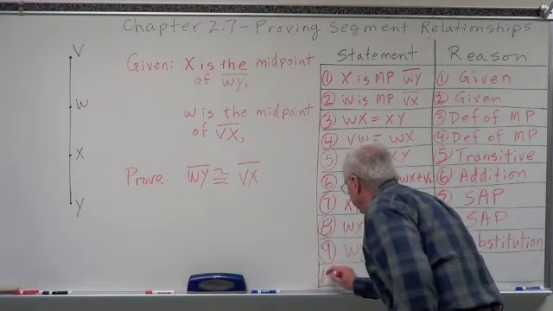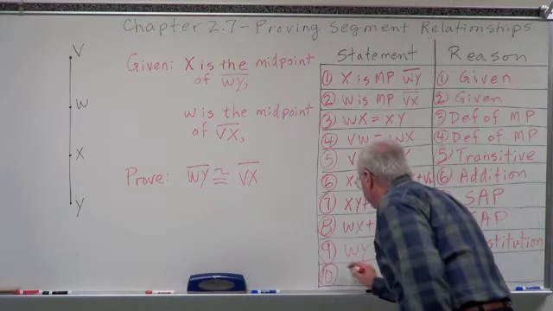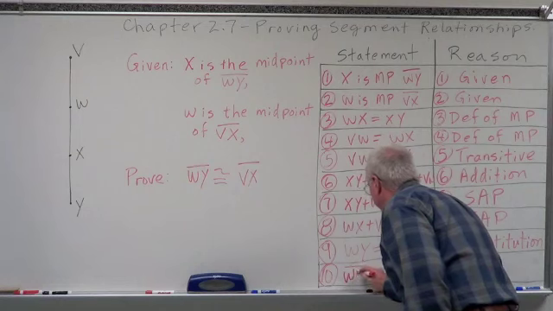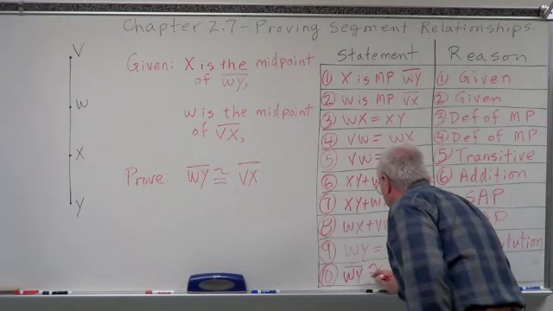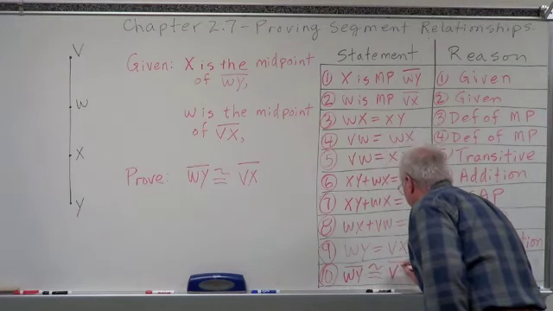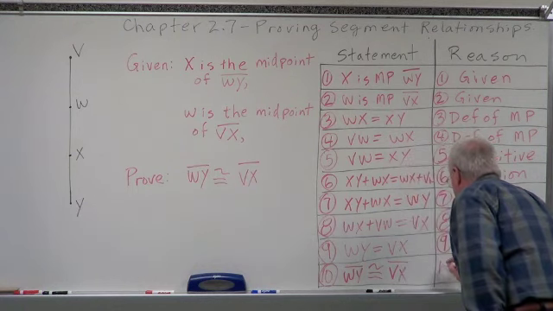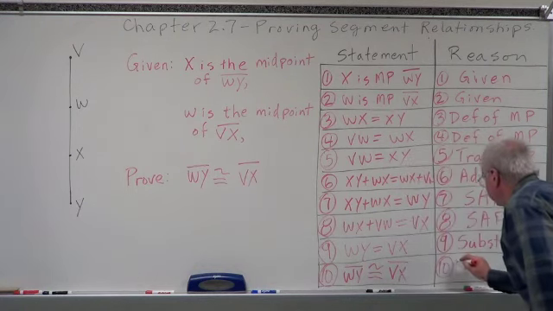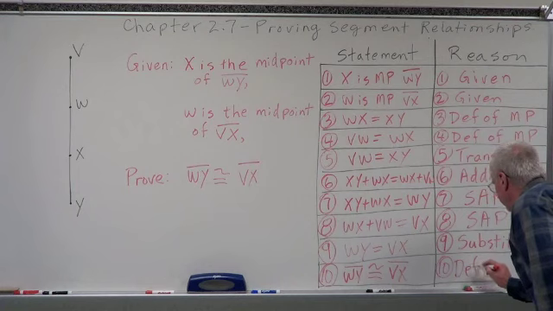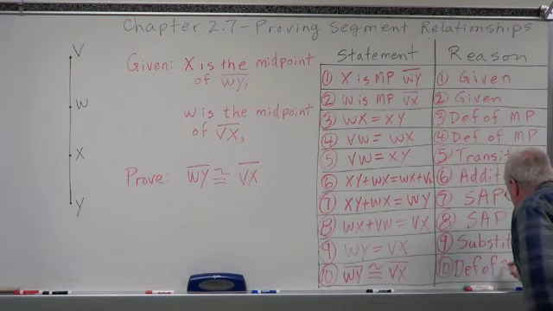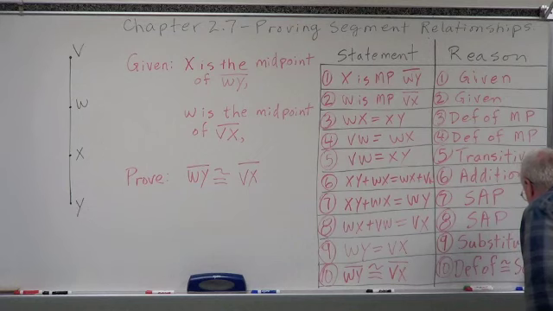And then number 10, we simply say segment WY is now congruent to segment VX. Why? Definition of congruent segments.